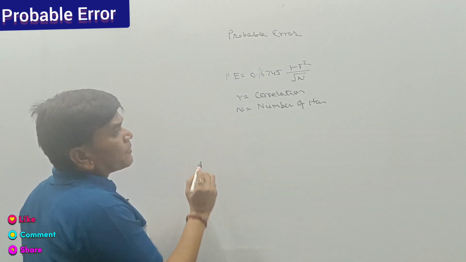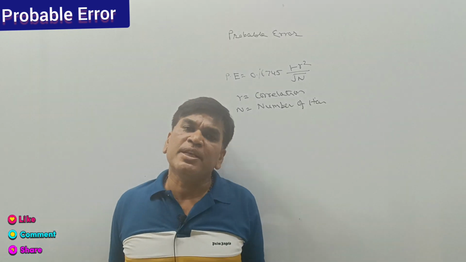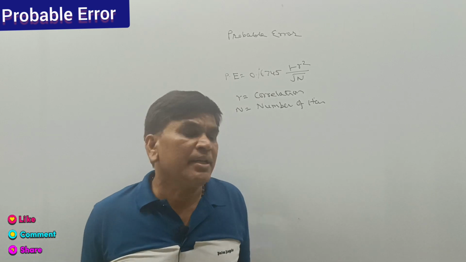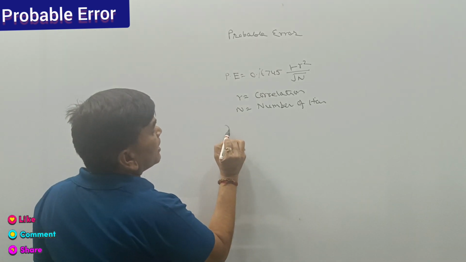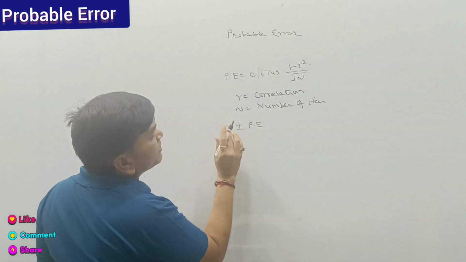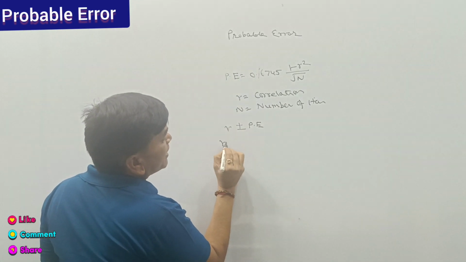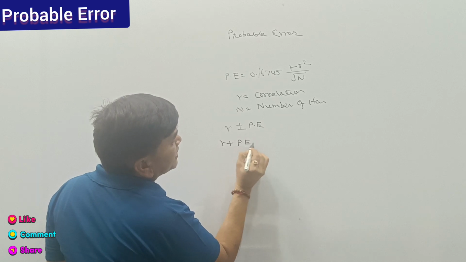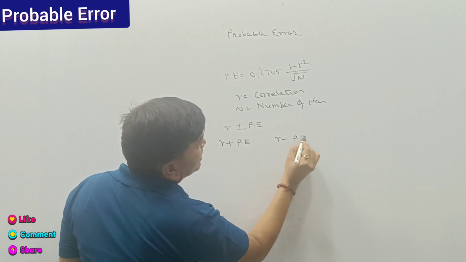If we have a very large series and we calculate R plus or minus probable error, then we will get two limits: one is R plus PE, the second is R minus PE.